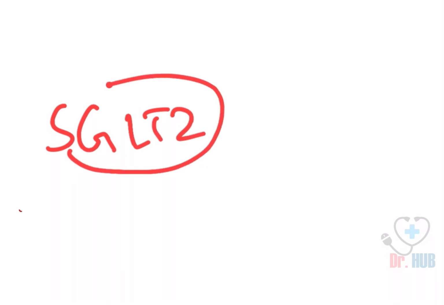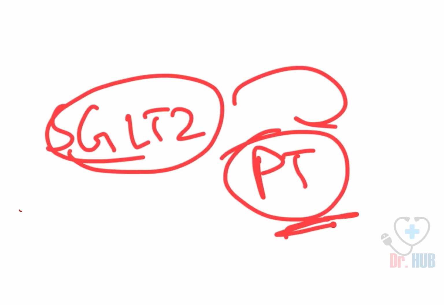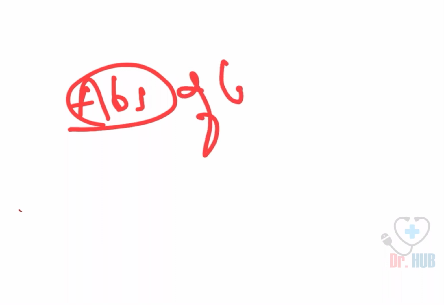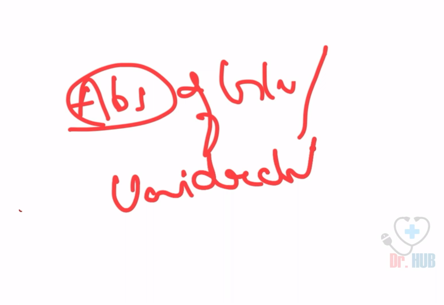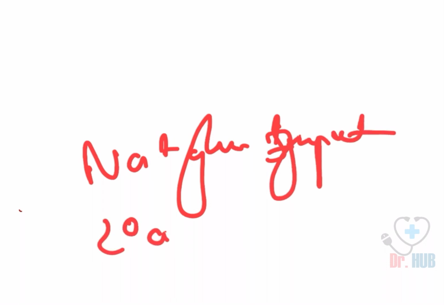The next one is SGLT2, which is found mainly in the proximal tubules. An important point is that they help in the absorption of glucose and it is unidirectional, as well as sodium glucose symport and secondary active transport.